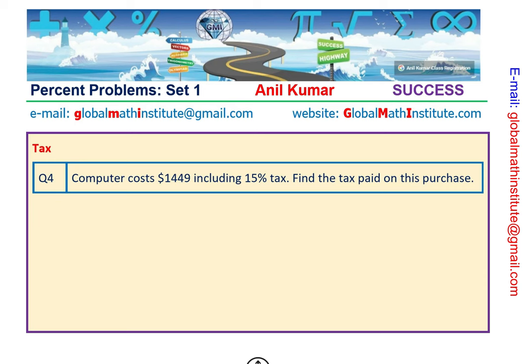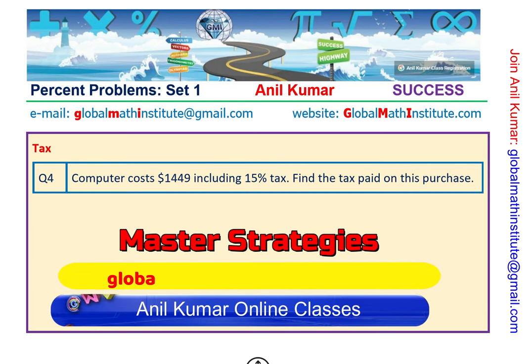Now here, computer cost $1449, including 15% tax. So tax is included in this. Find the tax paid on this purchase. So tax is 15% of this, right? So a couple of ways to do it. Computer cost this much including tax. So this cost includes the tax, right?